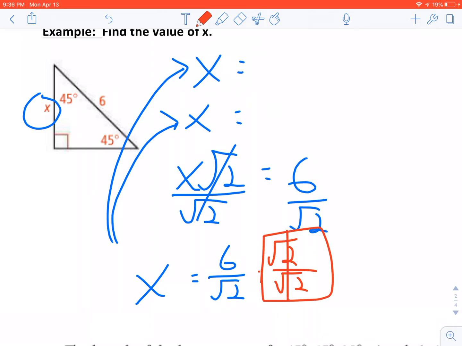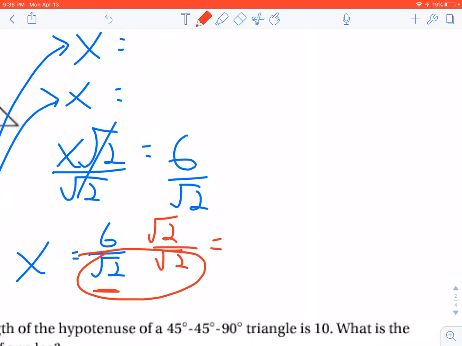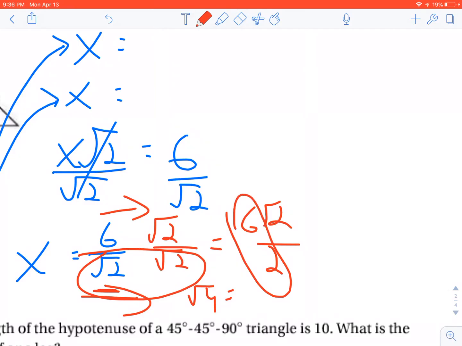So my objective here is I'm multiplying this by really a 1, but I'm going to get rid of this denominator of radical 2. So you multiply fractions, you multiply straight across. 6 radical 2, and again, radical 2 times radical 2 is radical 4, and the square root of 4 is 2. And then you simplify your fraction.